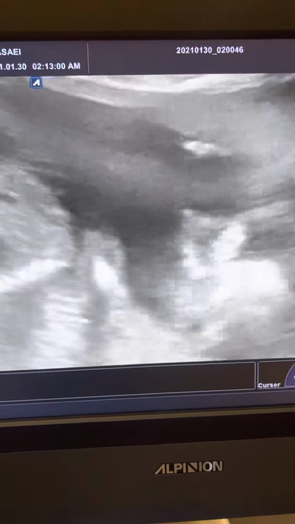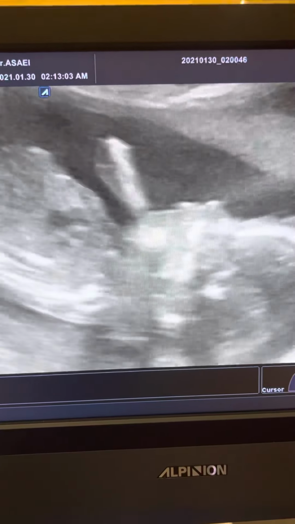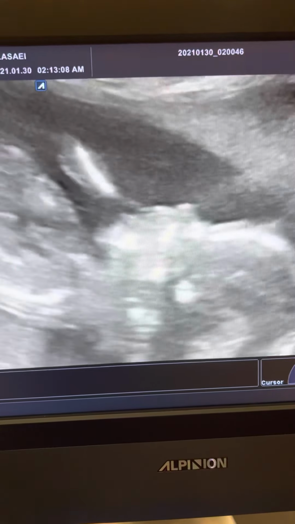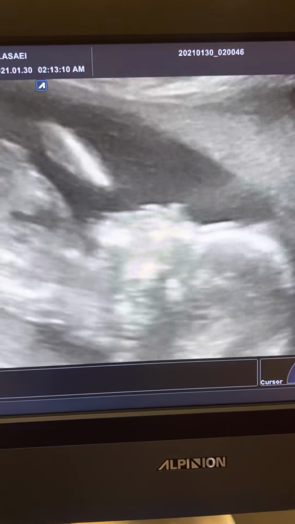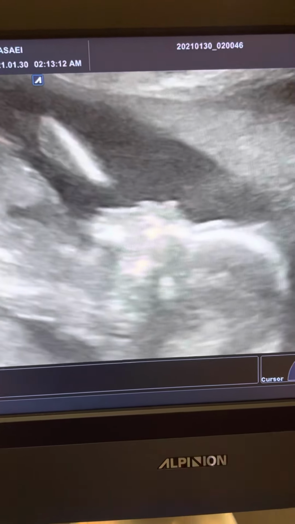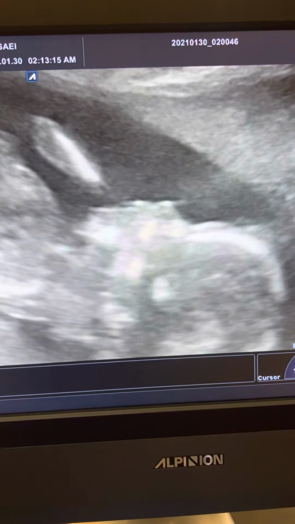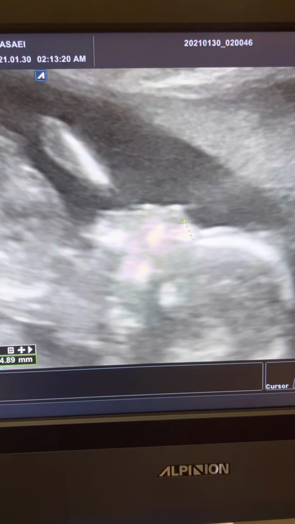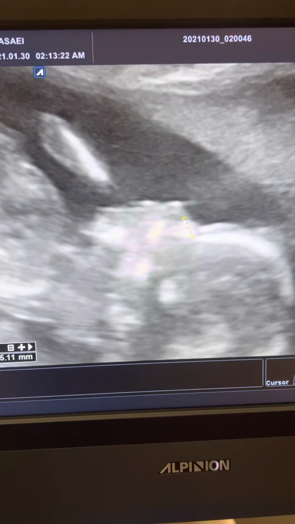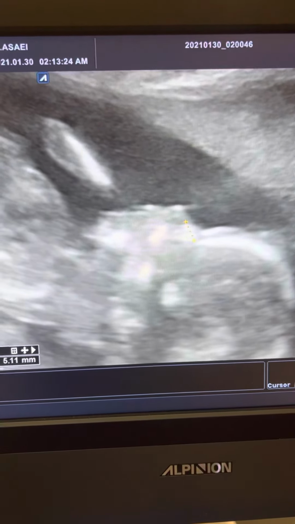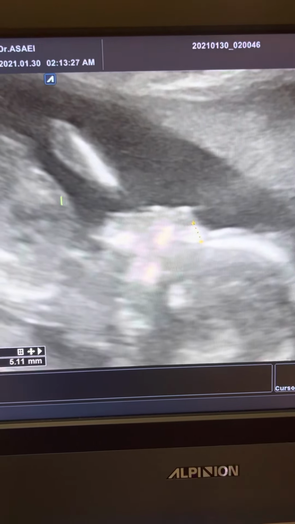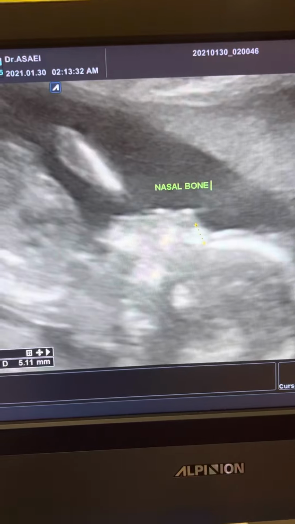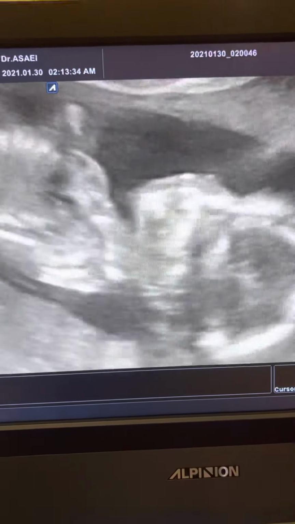Of course, we should have a profile view of the fetus. Here, in this view, we measure the nasal bone here, and also we check the chin.